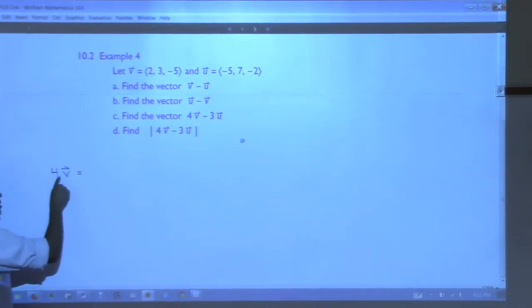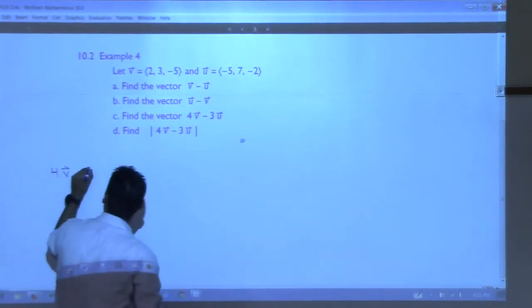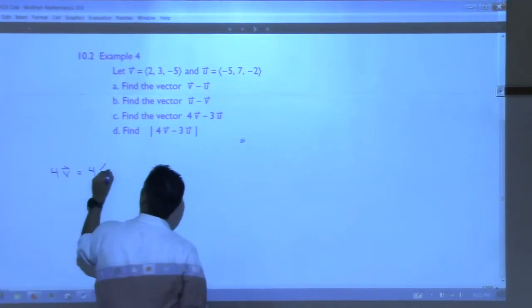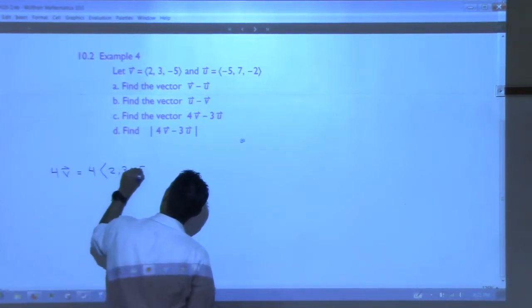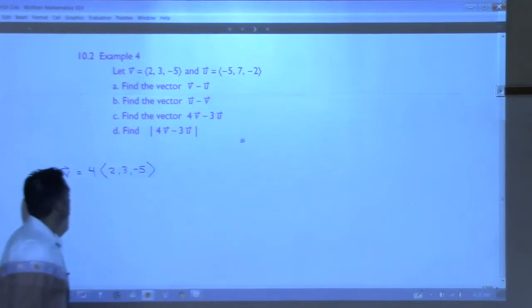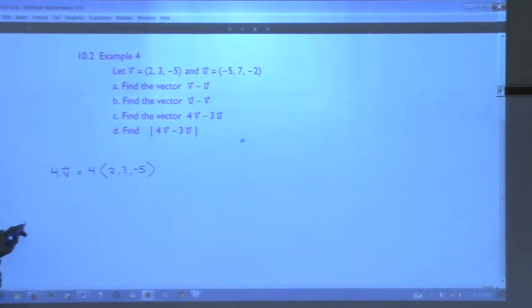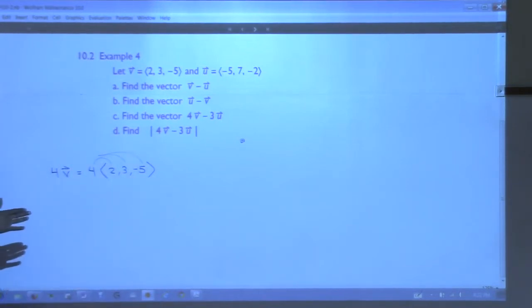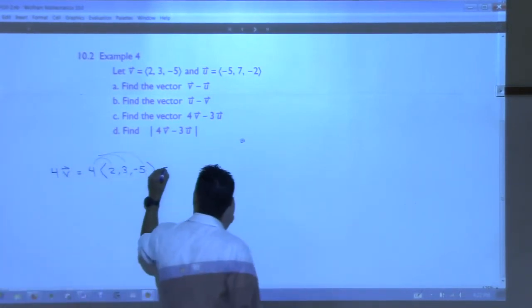This is scalar multiplication, right? I'm going to multiply 4 times the vector v, which is 2, 3, negative 5. So all you do with scalar multiplication is just pass the 4 through. It's like distribution. So this should be pretty clean here.